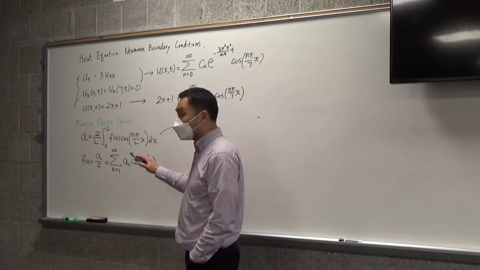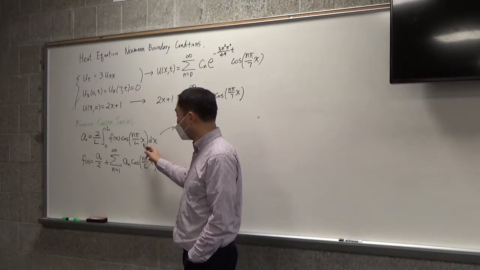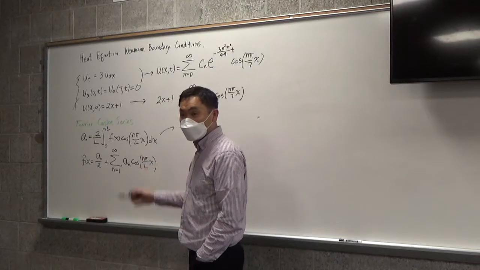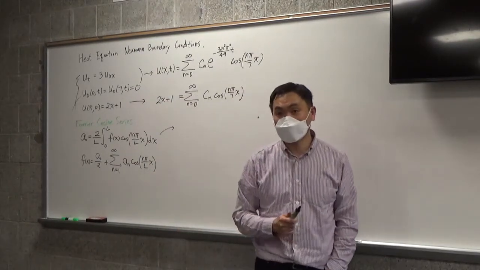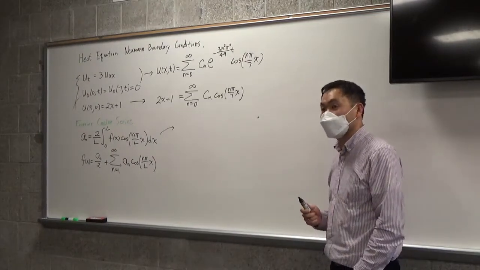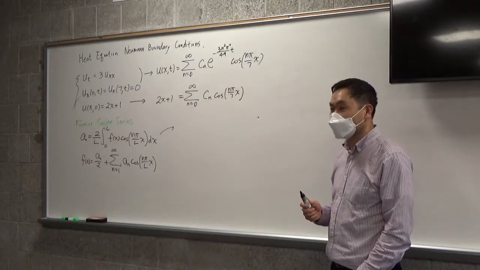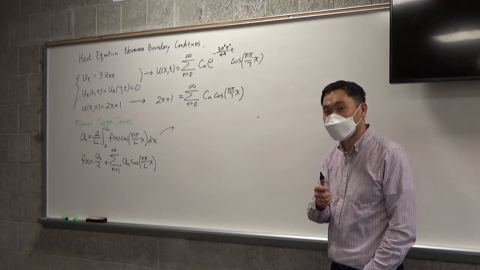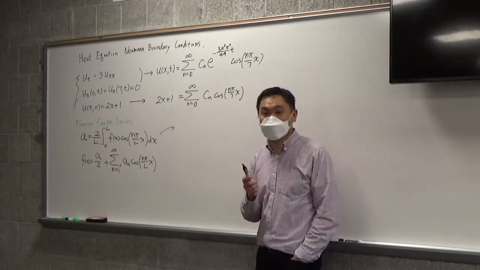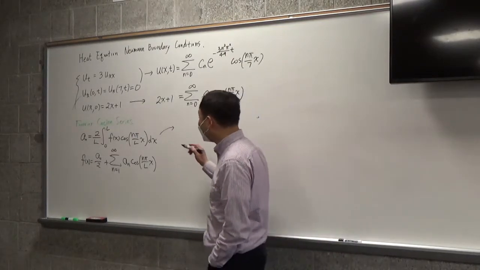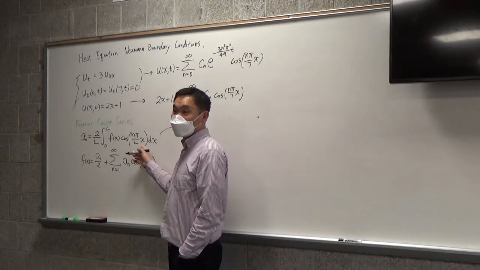And you have to remember that although I'm writing just a single formula, this is actually two different formulas, right? One gives you the coefficients of the series, the other gives a0, because you have to calculate a0 separately from an. See, when n is 0, this cosine 0 just becomes 1, right?